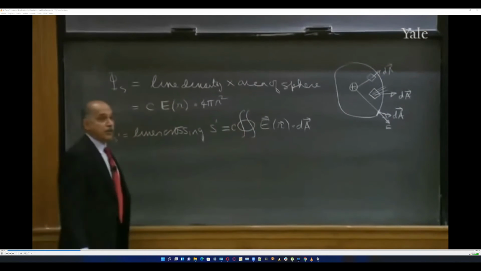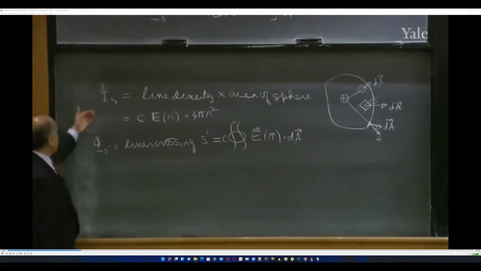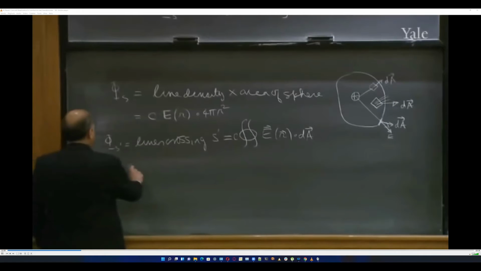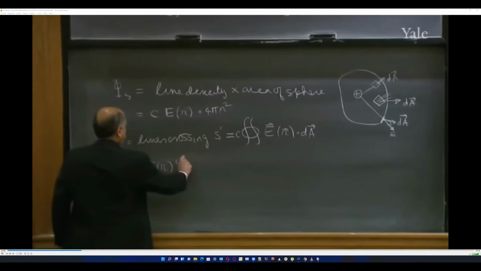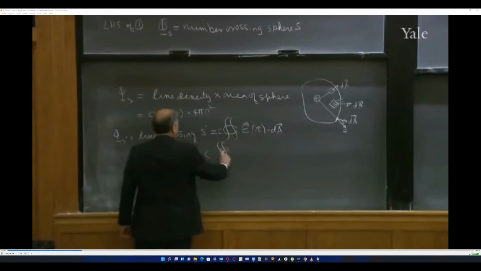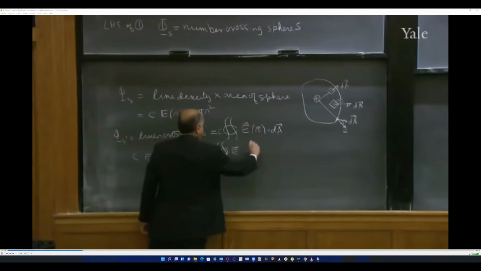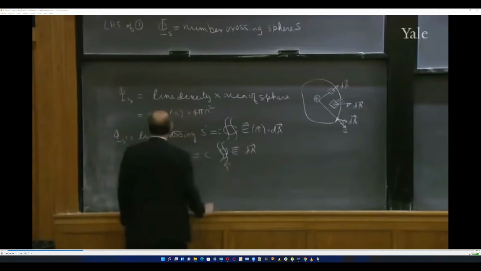So I forgot the constant, but I knew that I would need it, because when I now equate phi sub s to phi sub s prime, I get constant times the electric field at r times 4 pi r squared is equal to constant times the surface integral of E dot dA on some surface S prime.